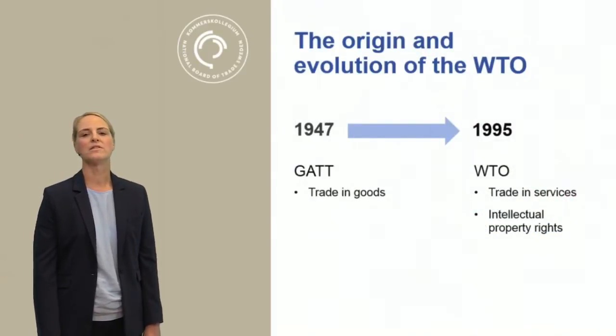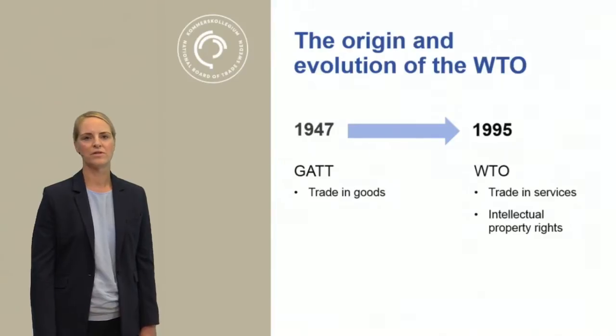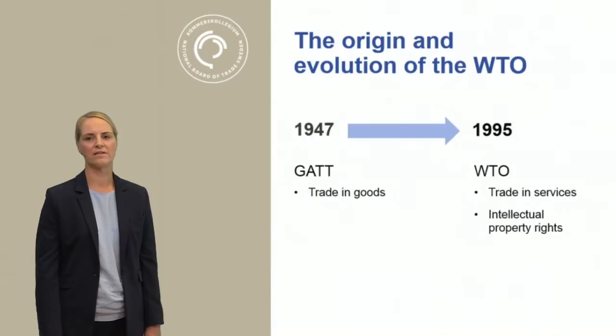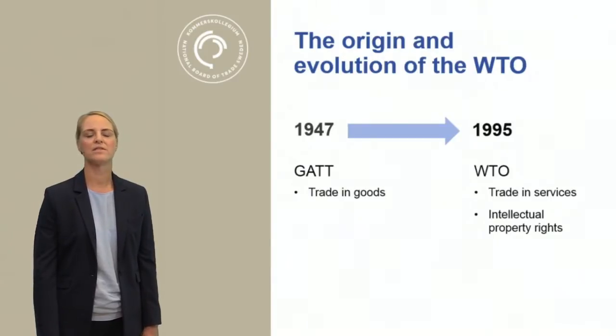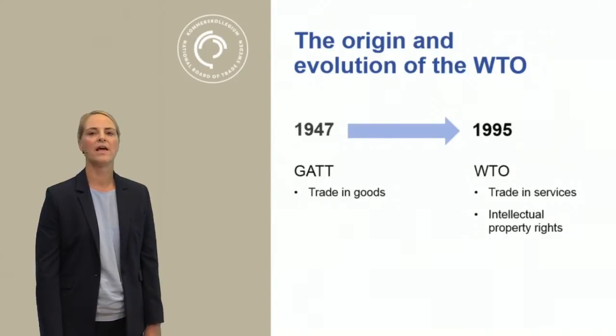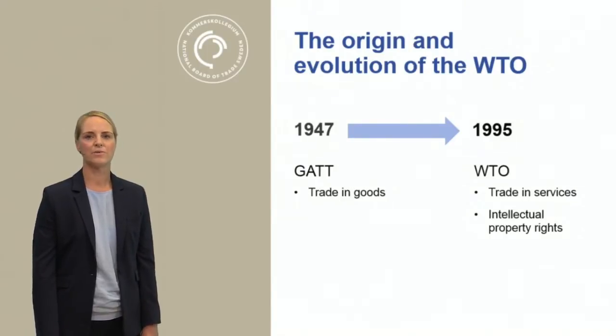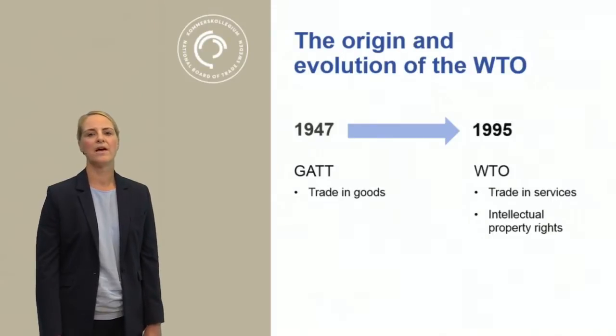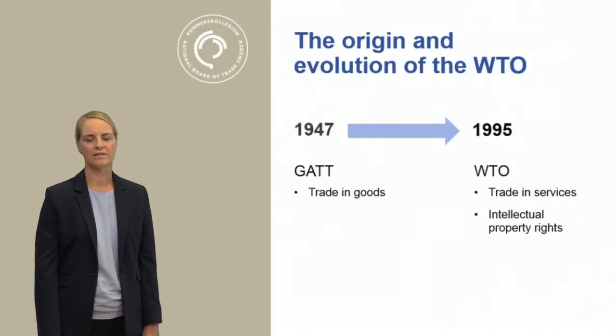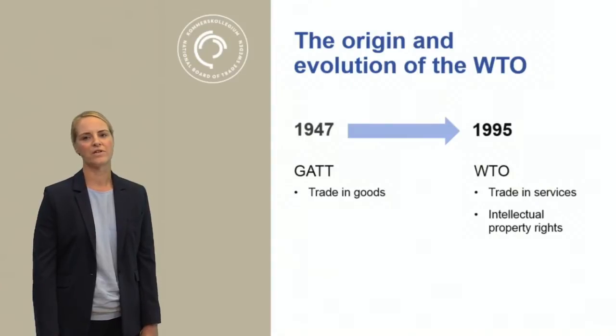Before the WTO was established, multilateral trade was negotiated within the framework of GATT, General Agreement on Tariffs and Trade, which was both a trade agreement and an organization. GATT was established in 1947. The trade negotiations within GATT were initially focusing only on trading goods and the reduction of tariffs. Eventually, other trade barriers were tackled, and there were attempts to improve the trading system.